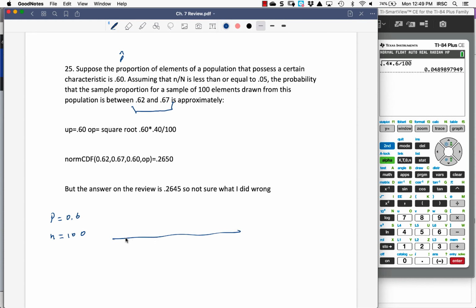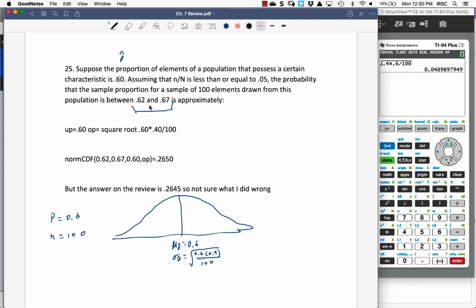Okay, so we have a situation where we would draw our graph. Mu sub p-hat would be p, which is 0.6. Sigma sub p-hat would be that formula we just used, so that would be p is 0.6, so q would be 0.4 over n would be 100, and it would be the square root of all that.